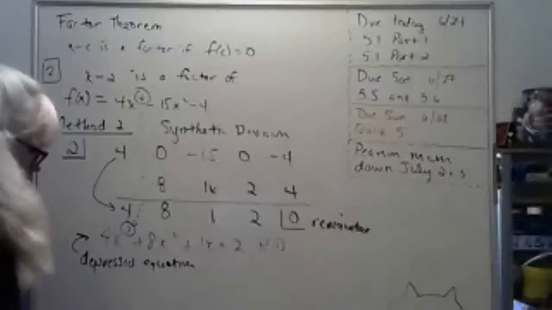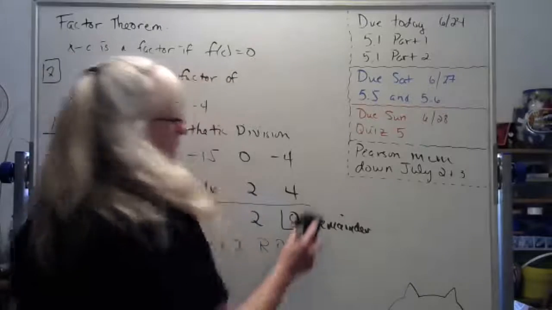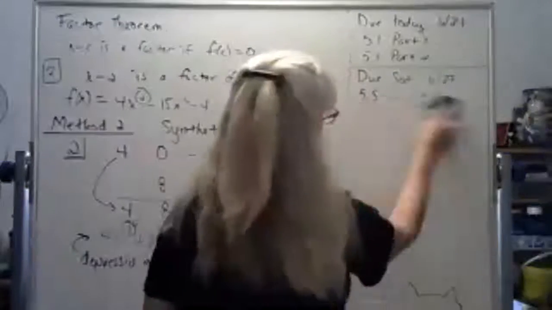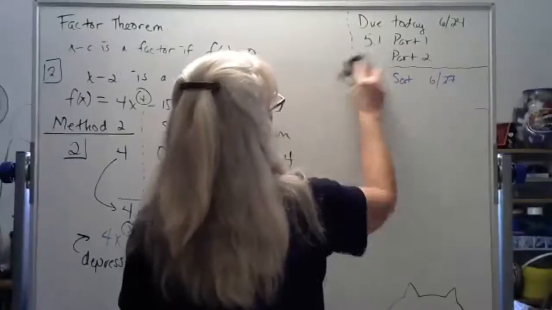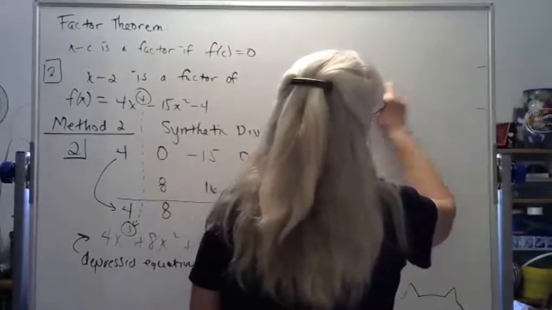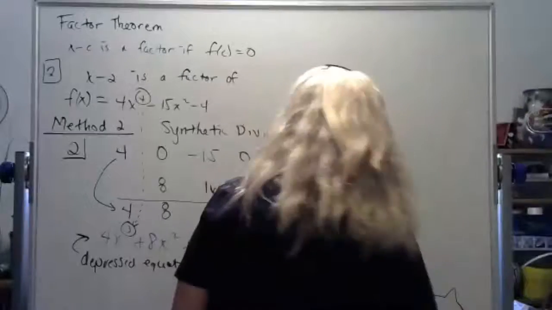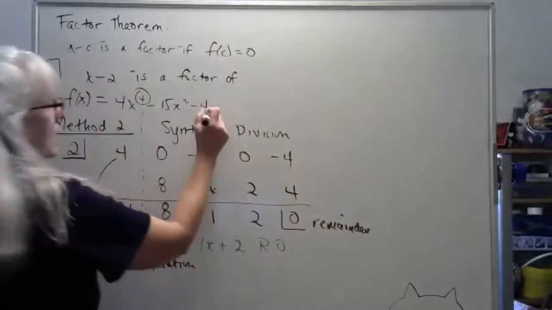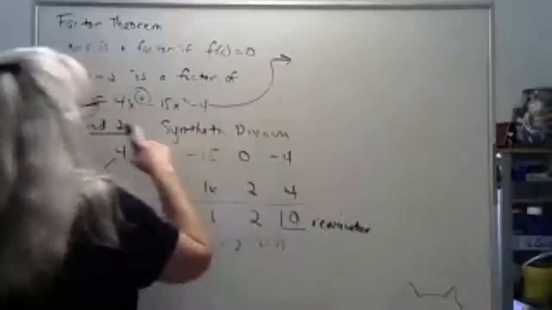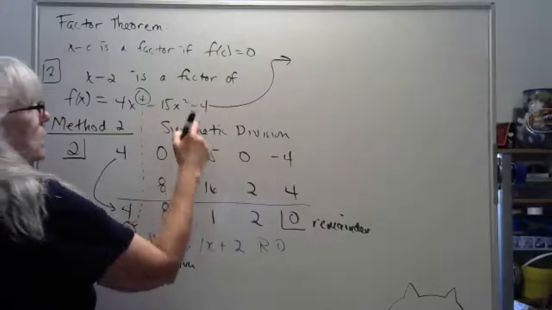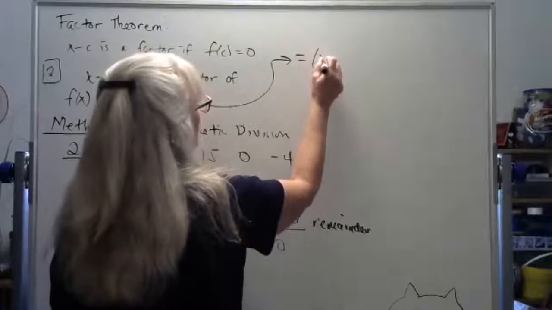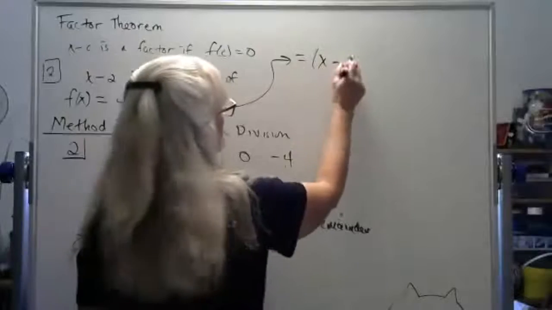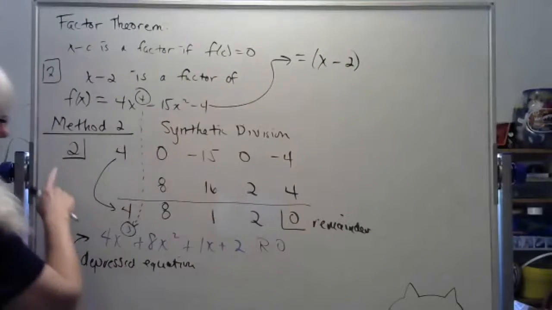So what we know right now is this. This polynomial back up here, this 4x to the 4th minus 15x squared minus 4, factors into an x minus 2. That's what we found when we plugged in the 2.